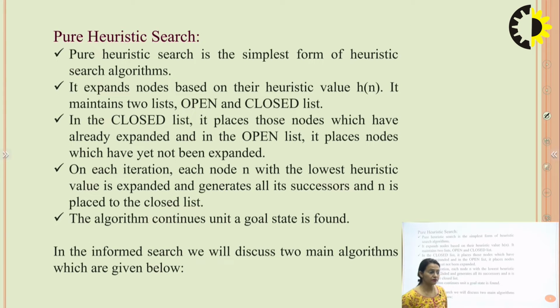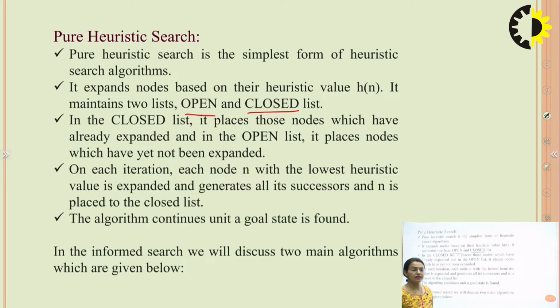Then further, for this heuristic function, we need to apply it in the form of a heuristic search, and that search is known as pure heuristic search. In this search, I basically expand all the nodes based on the heuristic value, that is h(n), and it maintains 2 lists, the open and closed list.